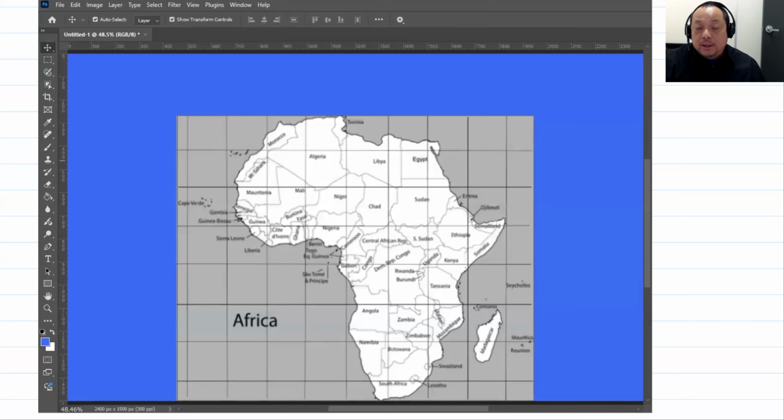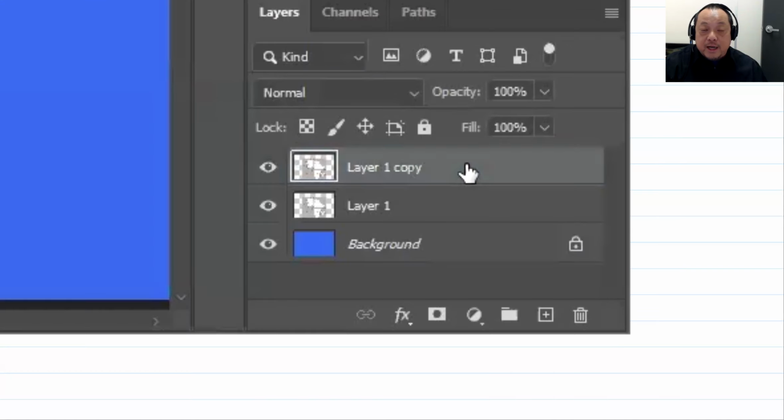So here on Adobe Photoshop, I have the map of Africa with the grid, and I put the grid in there so you can tell what's happening horizontally and vertically. Looking at the layers, I have 2 layers of the same map. I'm going to work on the top layer, so you can compare it with the bottom layer that's not going anywhere.